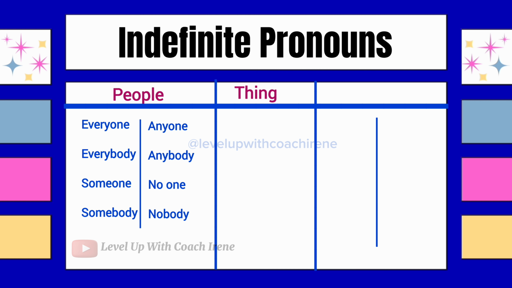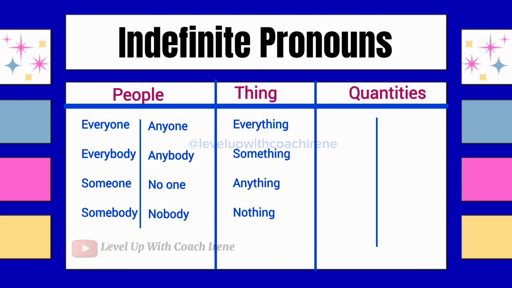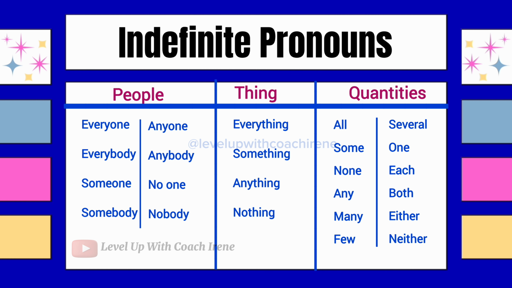For things, they include everything, something, anything, nothing. For amounts or quantities, they include all, some, none, any, many, few, several, one, each, both, either, neither.